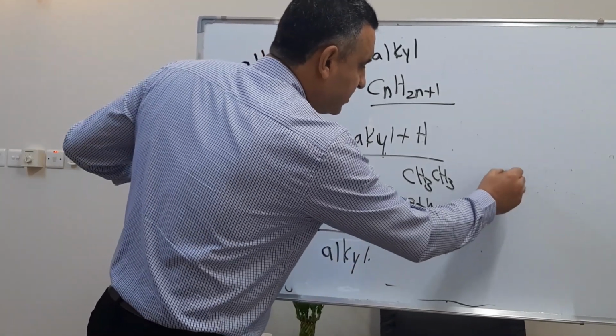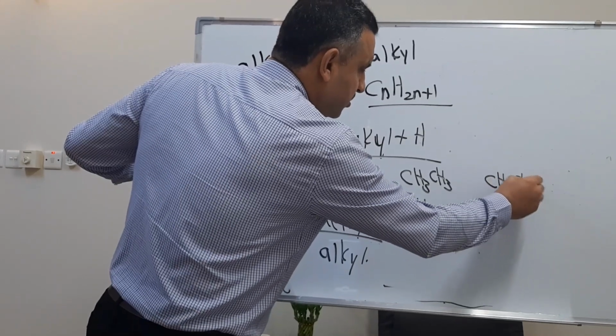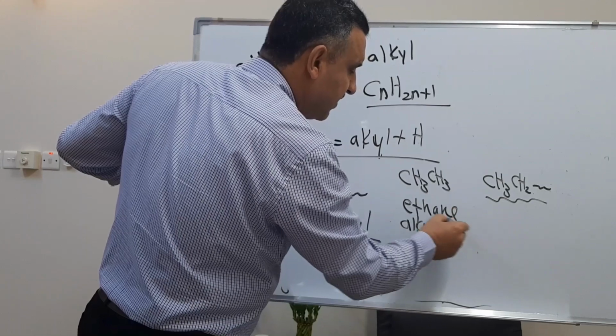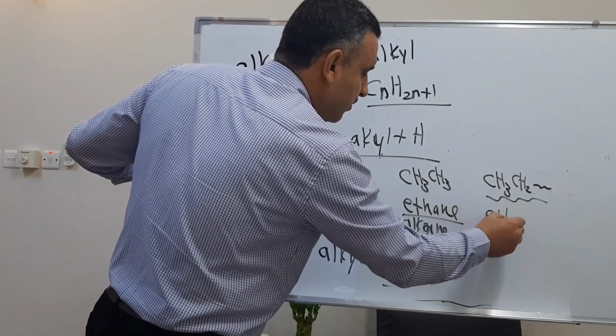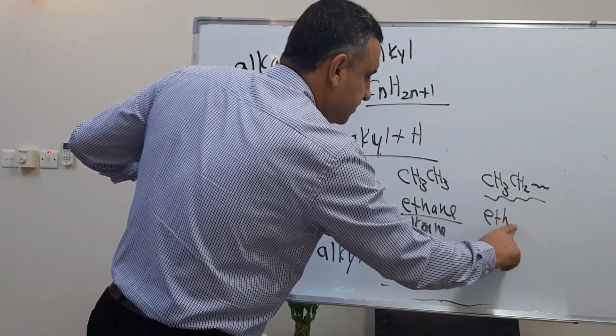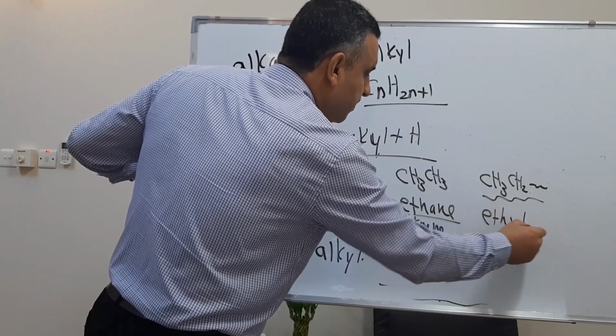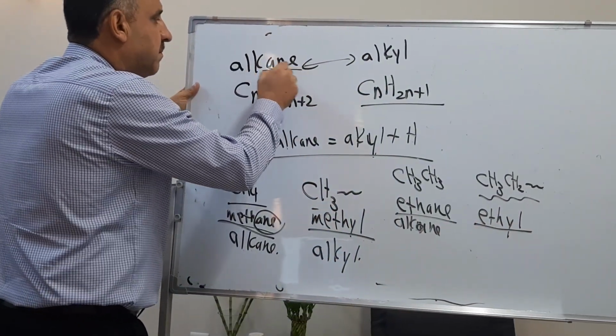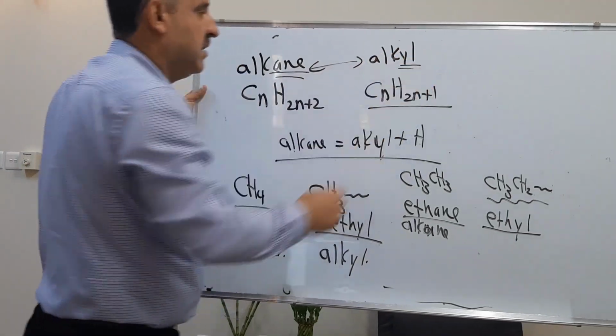If we have CH3, CH2 attached to something, in this case, instead of ethane, we will call it ethyl. So for the alkyl group, we always replace the "ane" by "-yl".